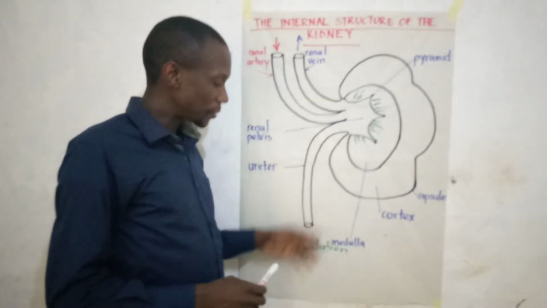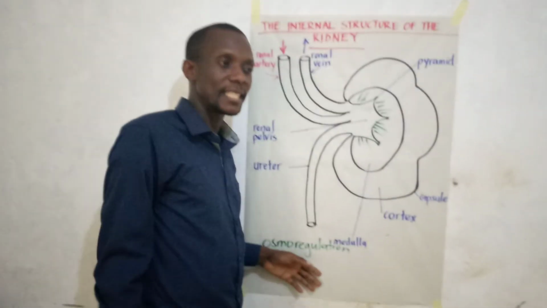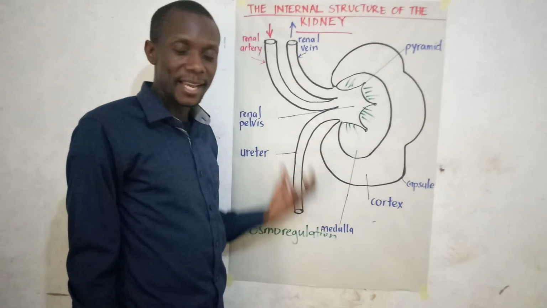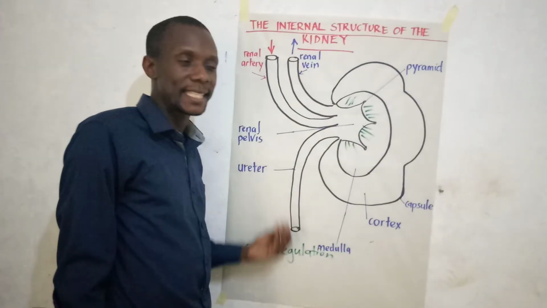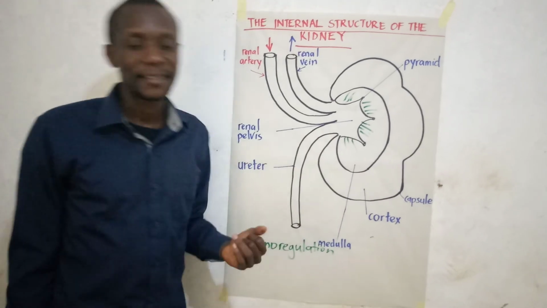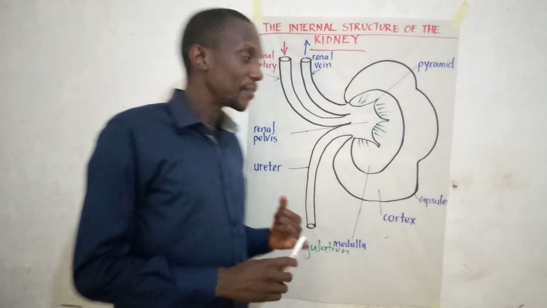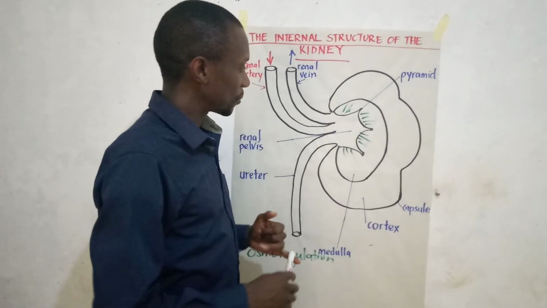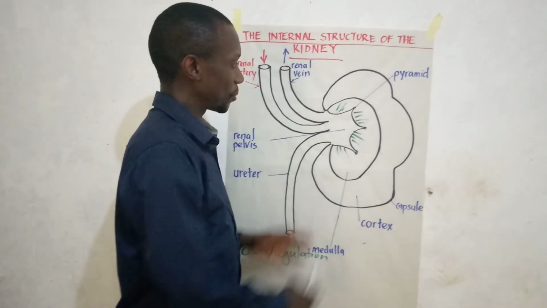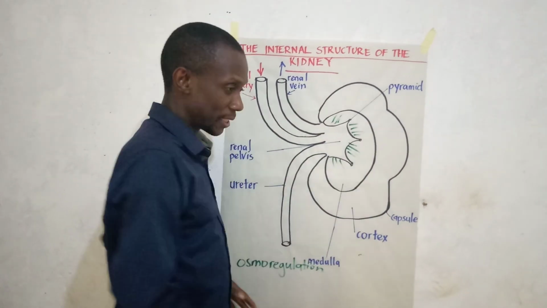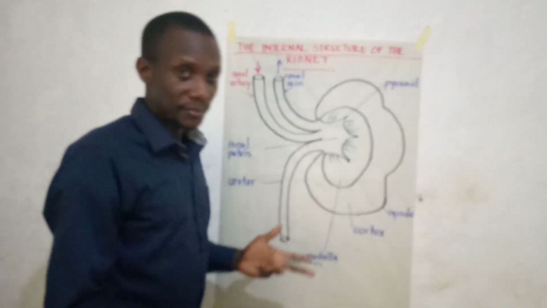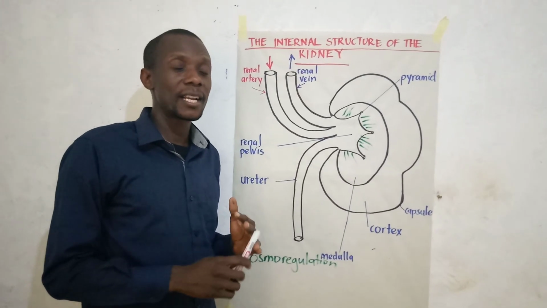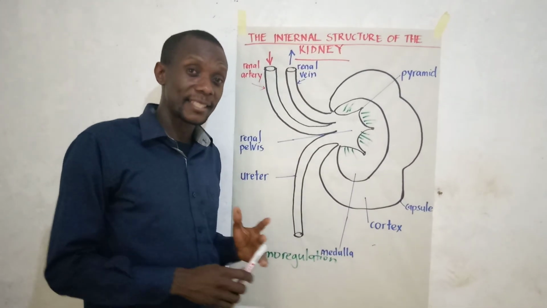Now, what of the good health habits for your kidneys? When we talk of good health habits, we are trying to talk about maintenance, how we can maintain the kidneys. Number 1, having a balanced diet. Because when you have a balanced diet, you will get cells that help to build the kidneys and to repair worn-out tissues in the kidneys. The second good health habit is doing regular physical body exercises.